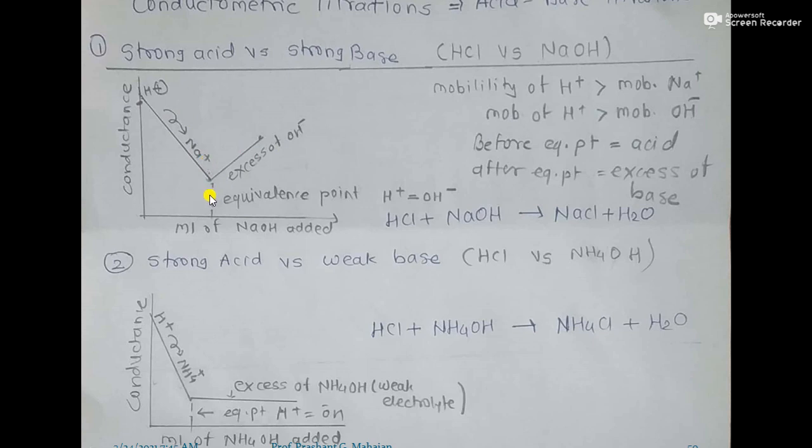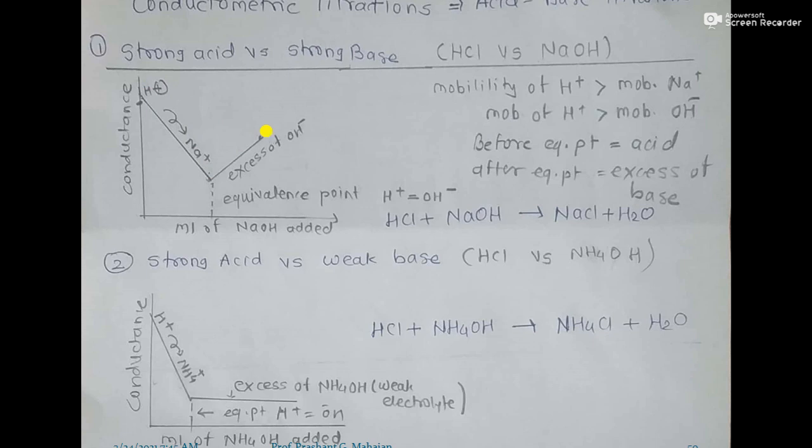At the equivalence point, H+ is equal to OH-, so NaOH is equal to HCl, and after that excess NaOH is added. That's why conductance increases. Mobility of H+ is greater than Na+, and mobility of H+ is greater than mobility of OH-. So while plotting the graph, be careful that it should be like this. Don't draw a V shape, because H+ has higher conductivity as compared to OH- ions.